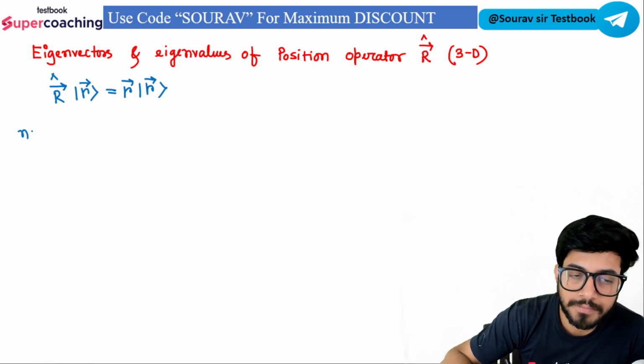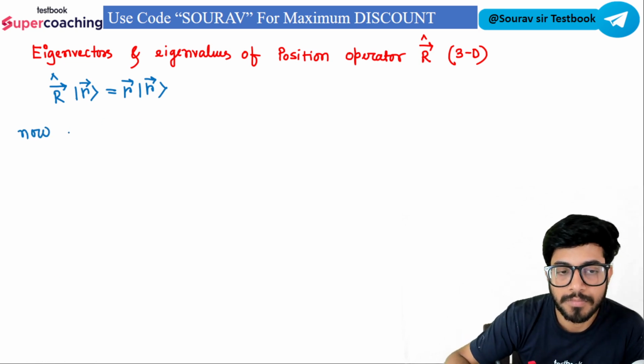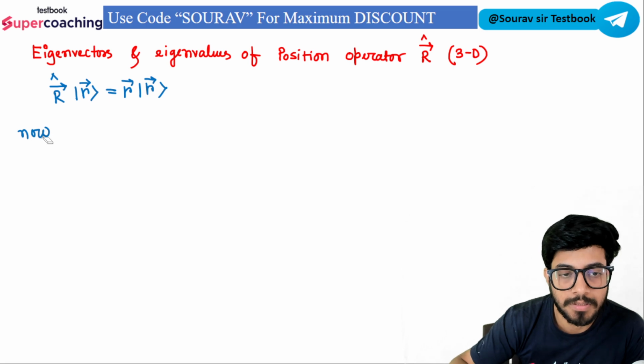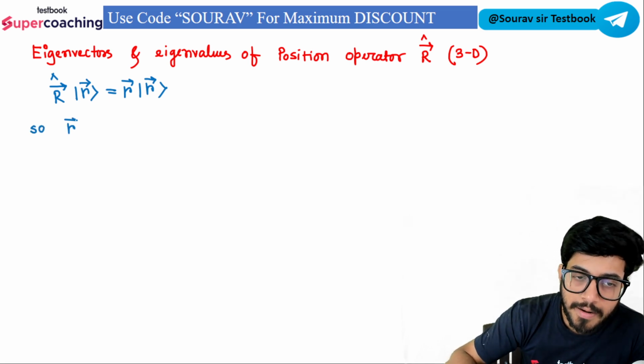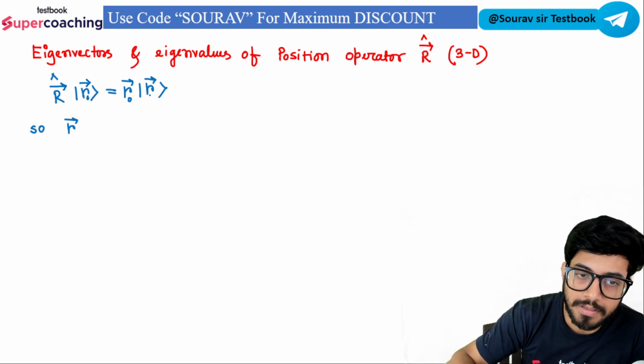Now, suppose I can just write it as R naught.